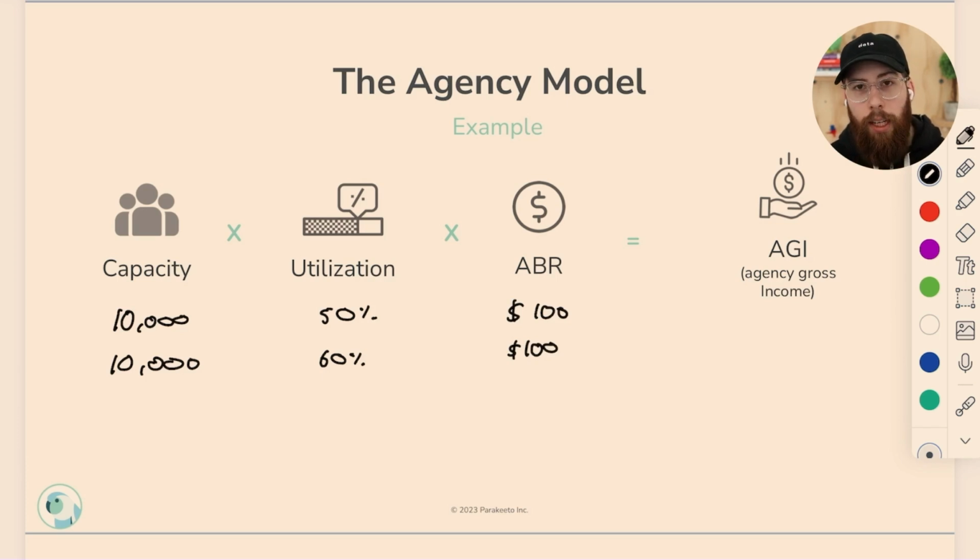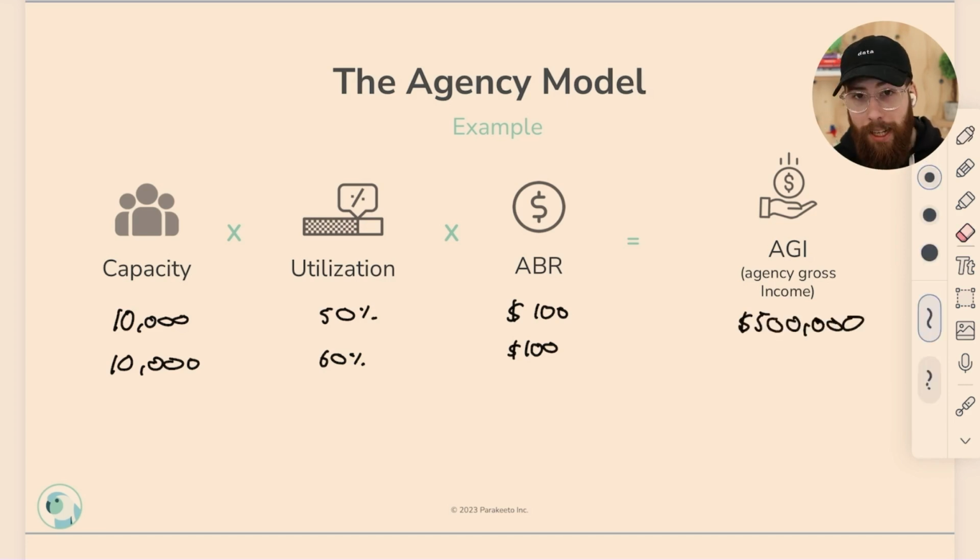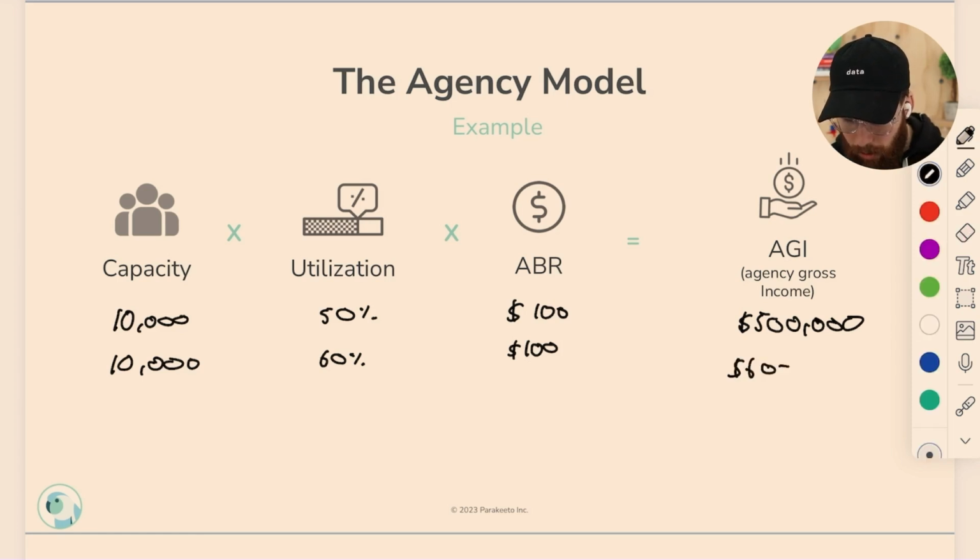Then the amount of agency gross income or agency revenue that this business can bring in changes in these two scenarios. At a 50% utilization rate, that means we have 5,000 hours earning revenue at an average of $100 per hour. This firm could make $500,000 in AGI. This next firm at 60% now has 6,000 hours being used in that way. And so that brings this up to $600,000. And so you can see that this utilization rate has a really material impact on the financial outcome.